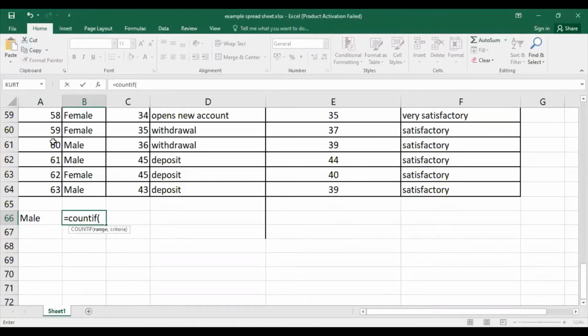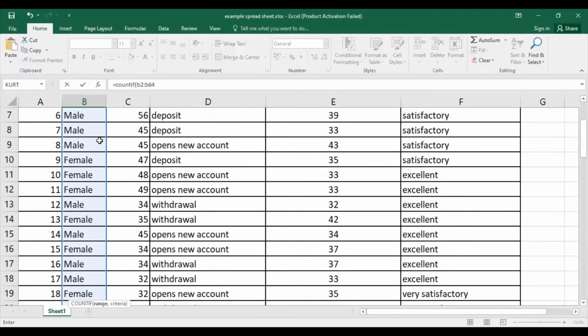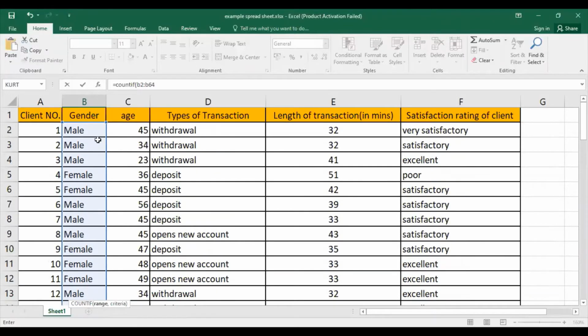So if you notice here, we have our Countif, and close with parentheses, range, comma, criteria. So our range is from B2 to B64. Okay, so let us see. If you notice, the column for B is highlighted here. So we started from B2, column B, row 2.